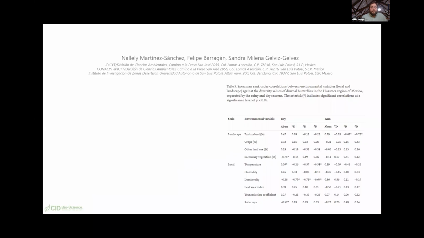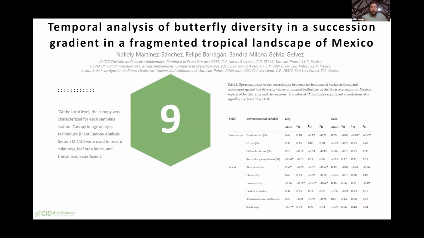And then the last one that I'm going to talk about before I hand this over to the videos of our guest speakers is another really cool ecology-based application where these researchers were looking at factors that are influencing the biodiversity of butterflies in northern Mexico.